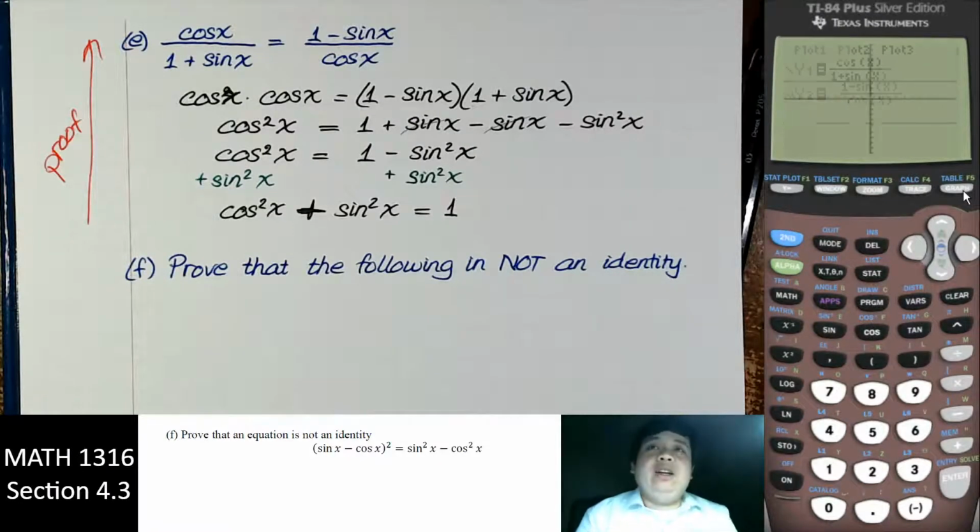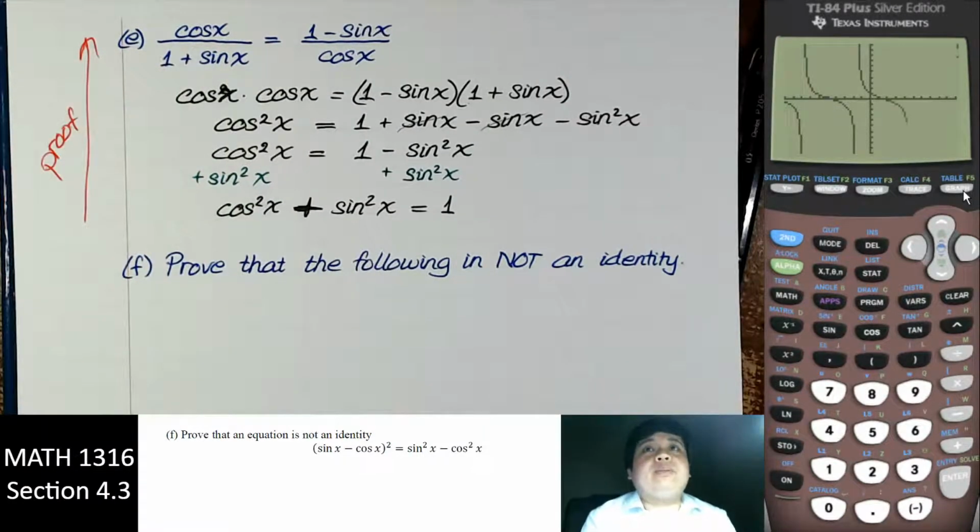At first we will see the first function graphed, the left hand side. Now on the second function, we will see a little circle tracing along the first graph. So that shows that the graphs are identical. At least we can see somehow that they are identical.